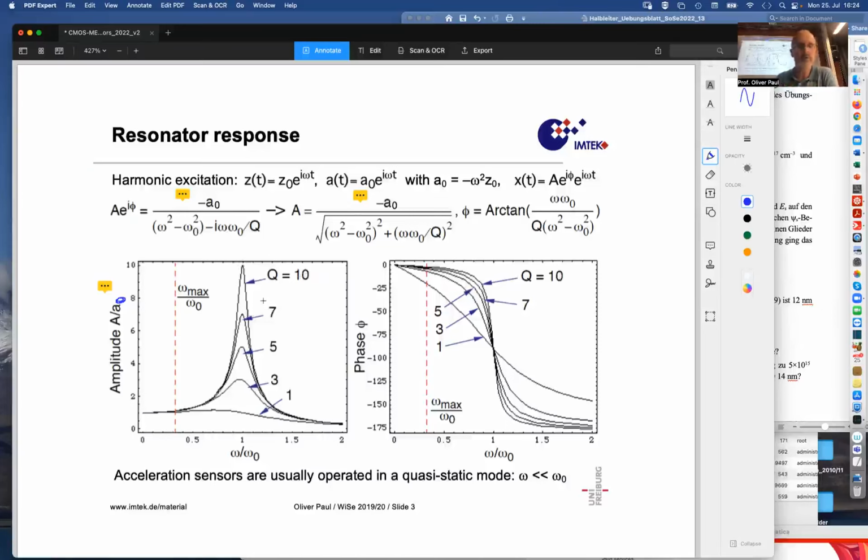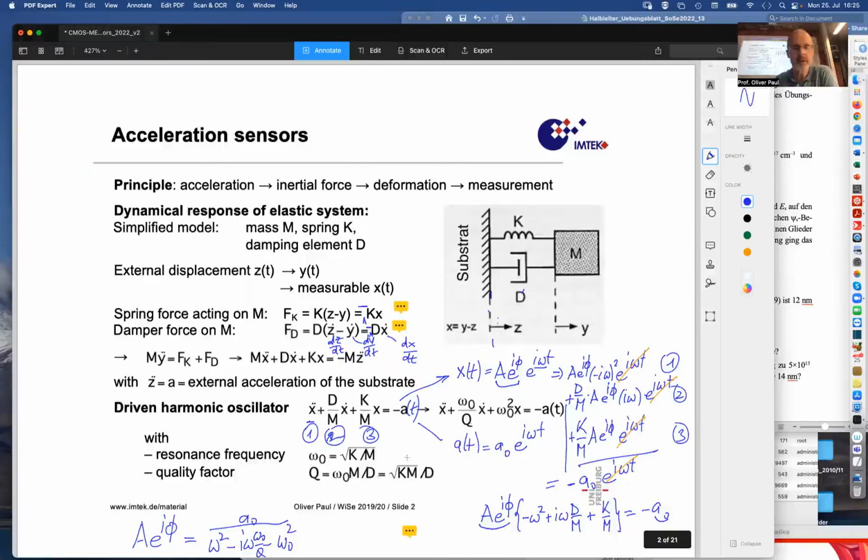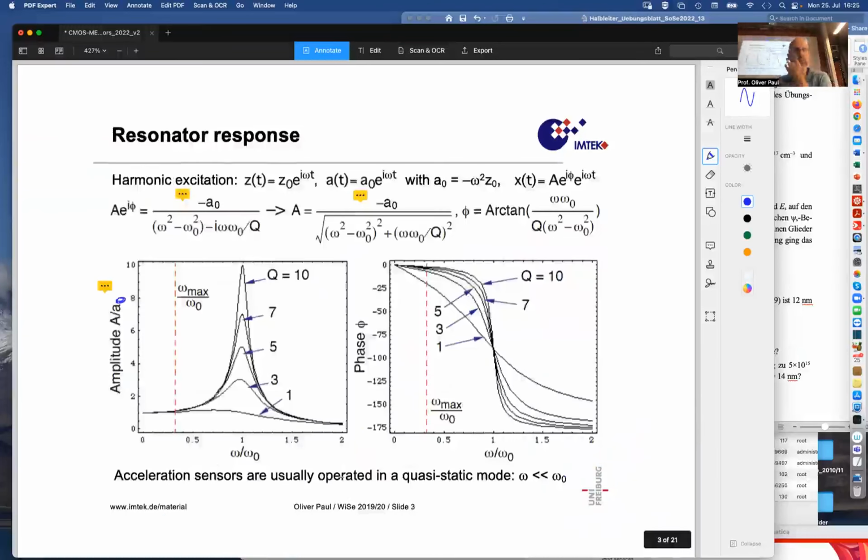And so let's look at the Q. Q is large when D is small, when the damper is inefficient. The larger the damping is, the smaller the Q factor. So that's one important parameter.